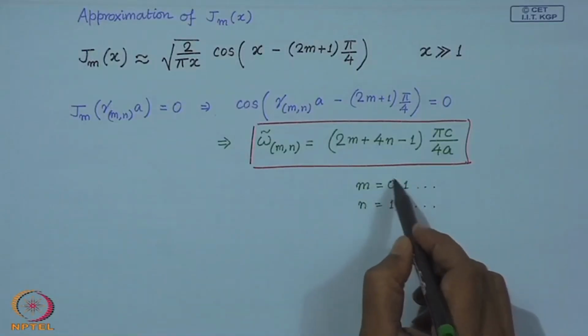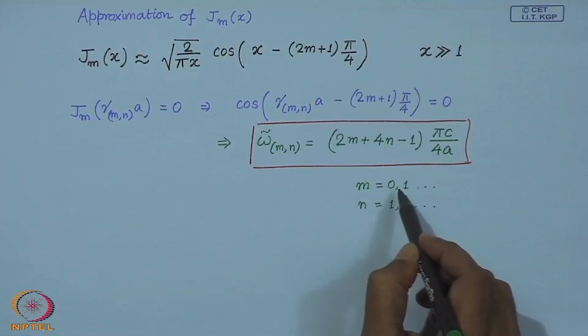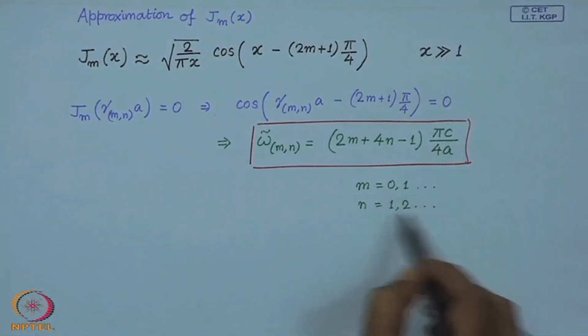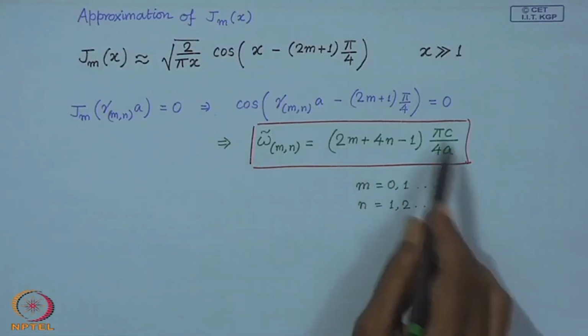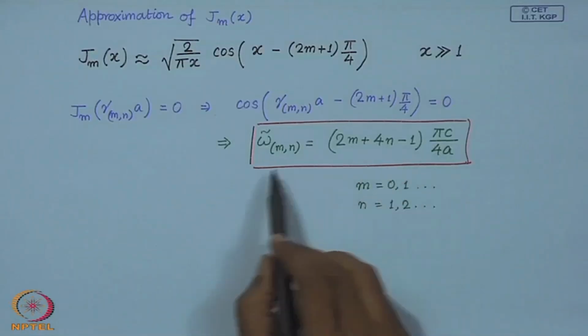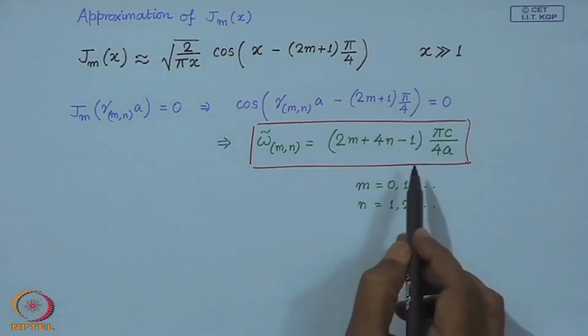So, m equal to 0, as I said, is the axisymmetric mode. For each of these modes we have infinitely many roots. So, we have these circular eigen frequencies corresponding to these modes.